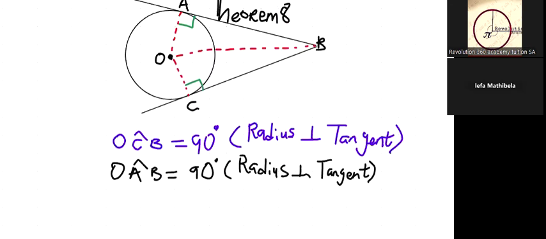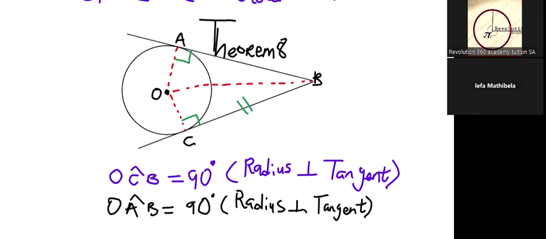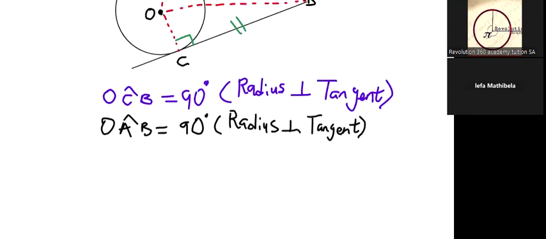And then from here, that's when you can now conclude. Therefore, the length of BC is equal to the length of AB. So from here, you're going to conclude AB is equal to BC.